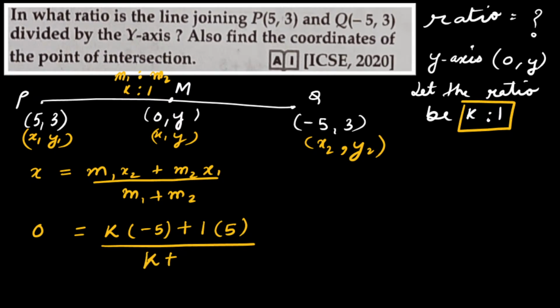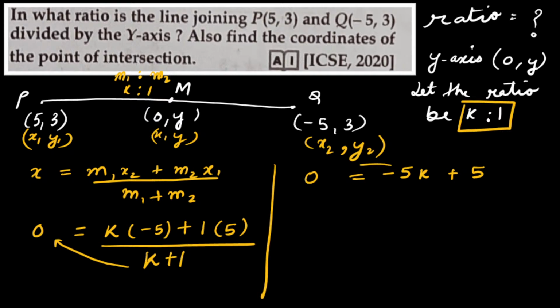So the denominator is k plus 1. Now this k plus 1 shifts to the other side and gets multiplied by 0, and anything multiplied by 0 is 0. So minus 5 into k is minus 5k, plus 1 into 5 is 5.